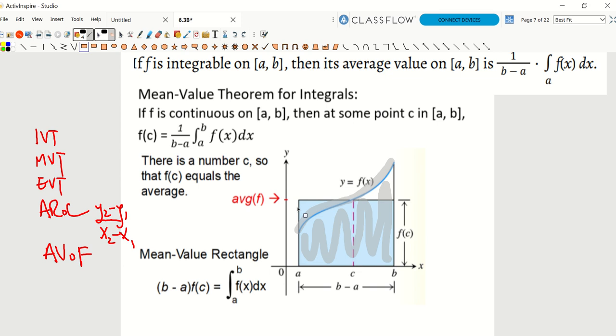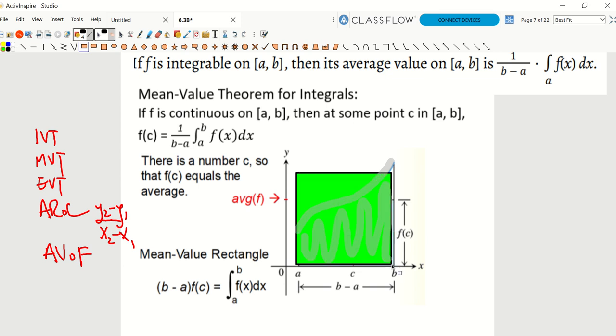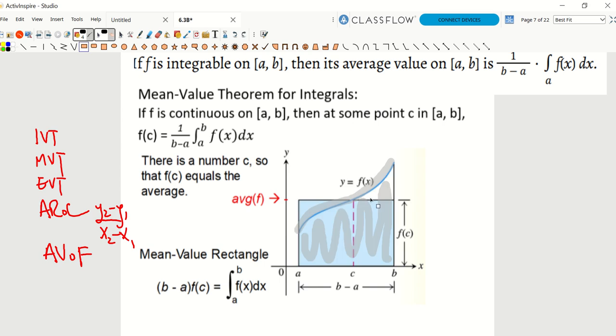Is it here, or is it here, or anywhere else? And here's a point of intersection for that one. There's some kind of rectangle where the area of the rectangle, in this case light blue, is going to equal the light gray, okay? All right, that is the key visual I want to implant in your head, okay?